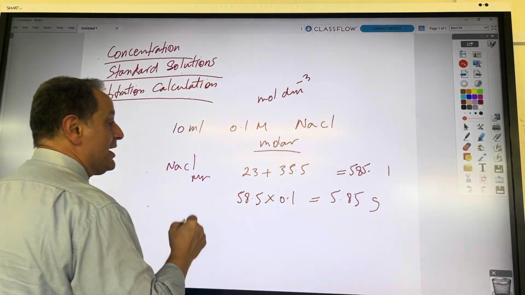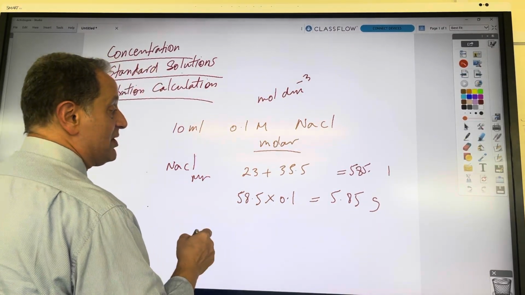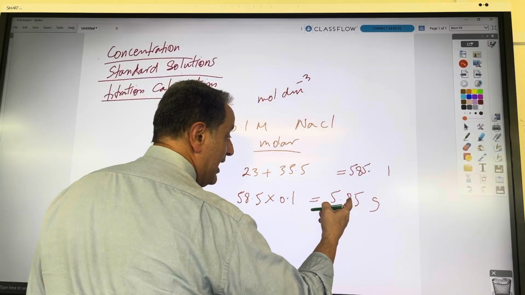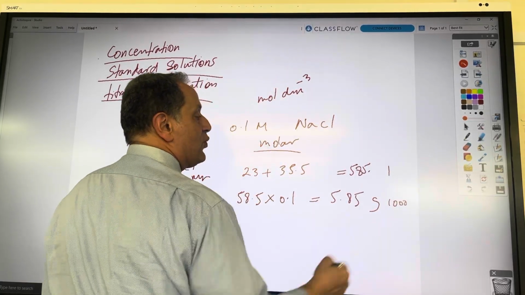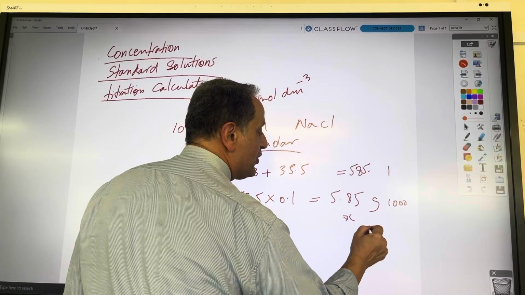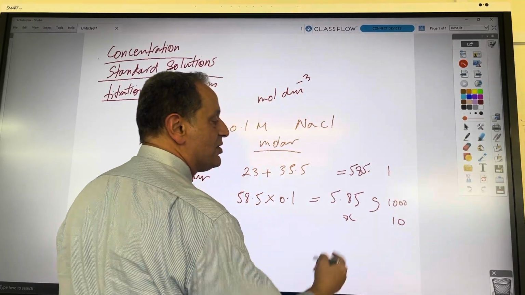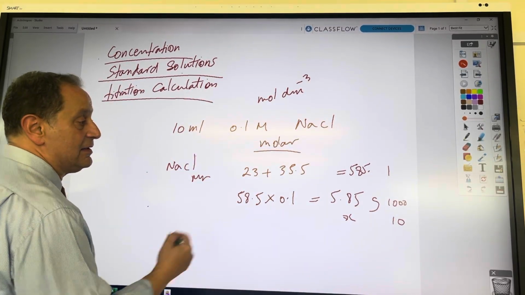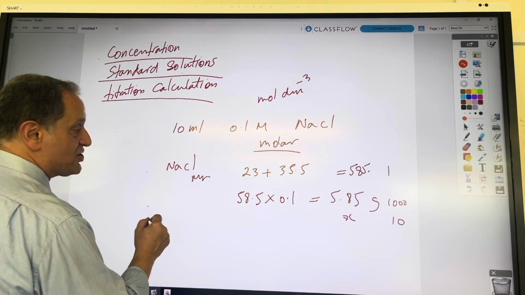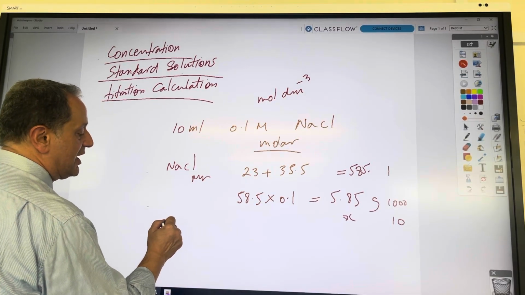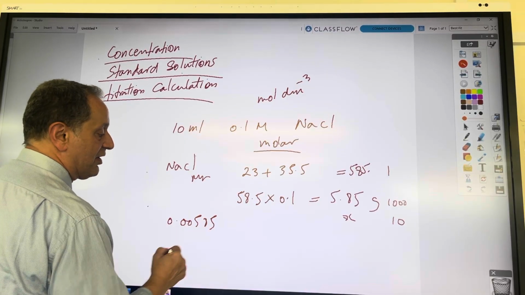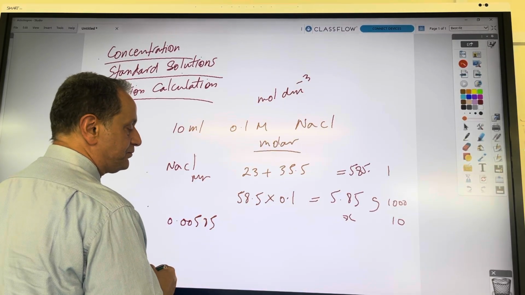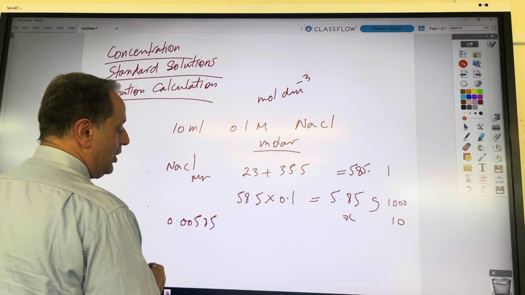Agreed? Now, the next thing you ought to be thinking is that this amount will make 1000 milliliters. We didn't want 1000. How much do we need to make only 10? So you have to divide that by a further 100. So basically what you need is 0.0585 grams in 10 milliliters.